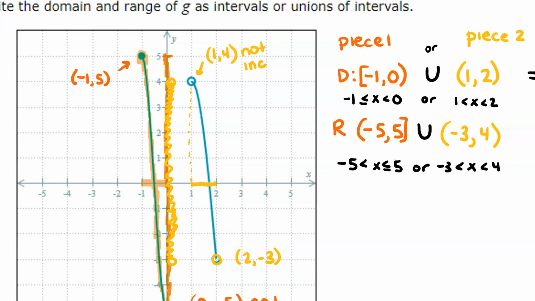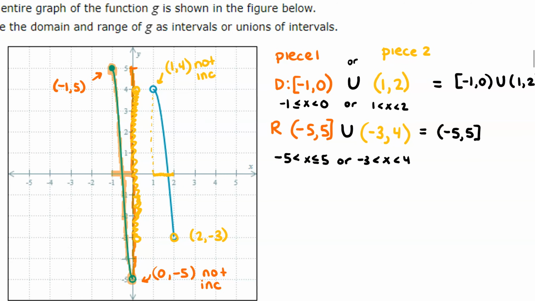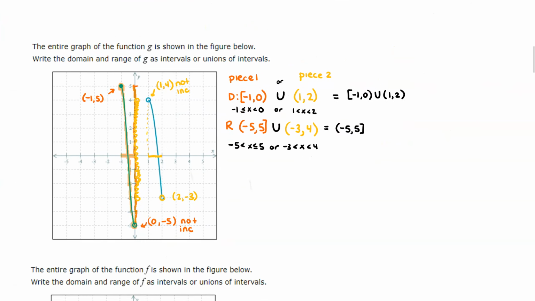Yours is in orange, and it's everything between -5 and 5, and mine is in yellow. It's everything between -3 and 4. So it turns out that all my stuff is some of your stuff. But that's okay. Nothing is skipped. So when I simplify this, my range will be from -5 to 5. So you always want to simplify your intervals. Sorry if you can hear my children laughing hysterically.